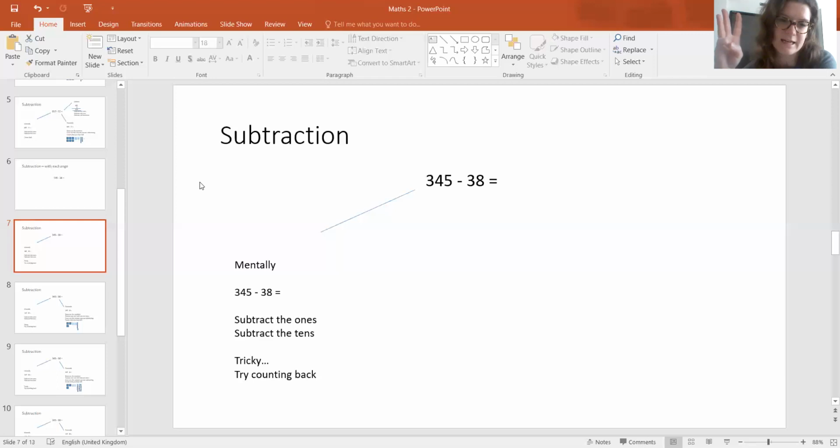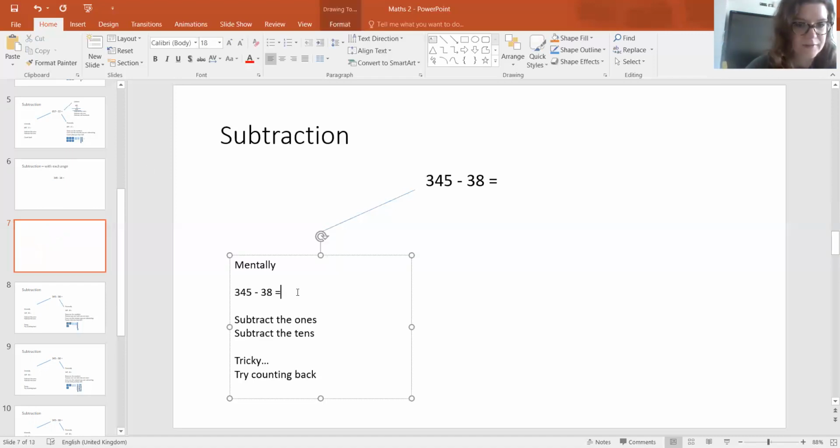So I'm going to split that 8 up. I'm at 315. I'll take away the 5. So that takes me to 310. So I still need to take away 3 because I've split my 8 into 5 and 3. So 310 take away 3, 307 is the answer I've got there.